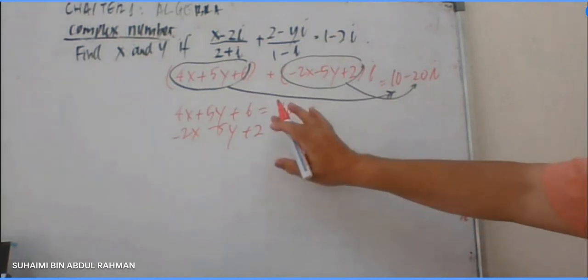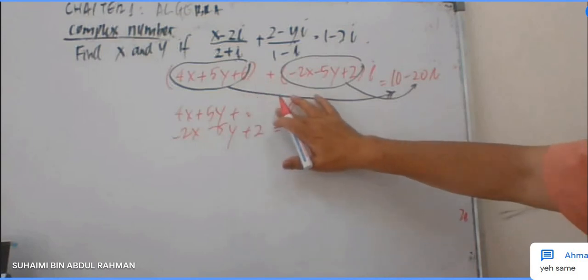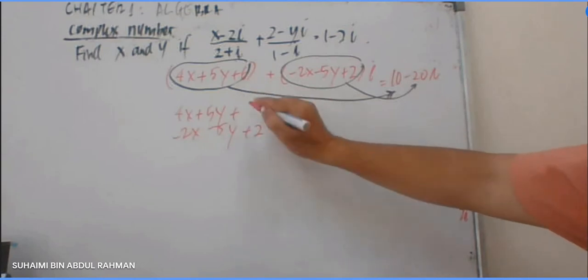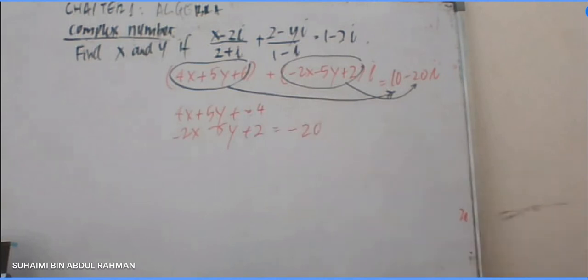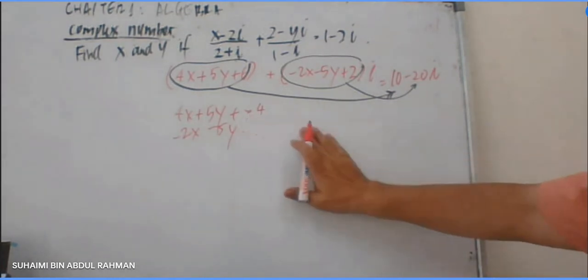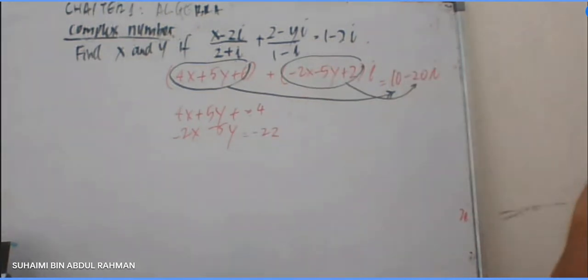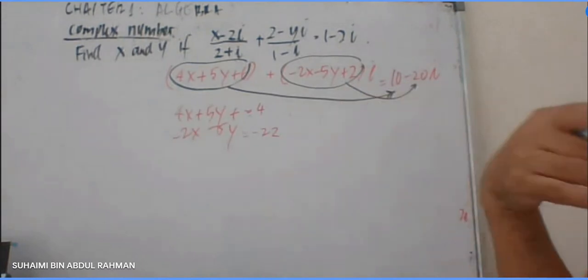So we can make this as x plus 5y equal to 4, and minus 2x minus 5y equal to minus 22, where we bring the constants to the right.